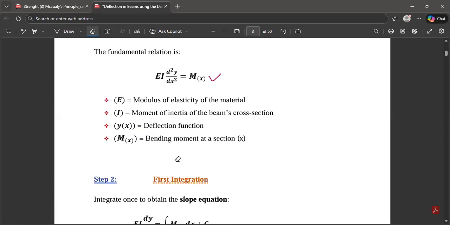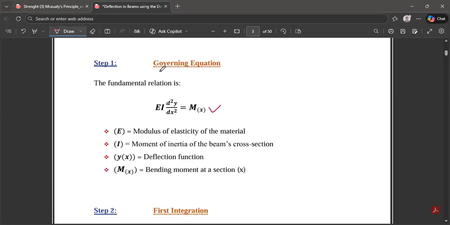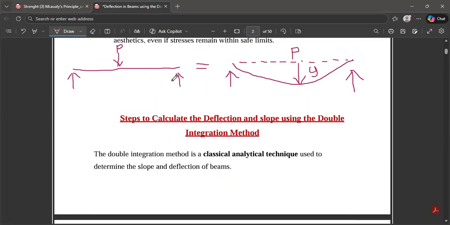In step 2, even before you can use this equation, you have to find the bending moment equation. If you have this beam like this, it means that you have to calculate the support reactions first, from what we taught you last semester.